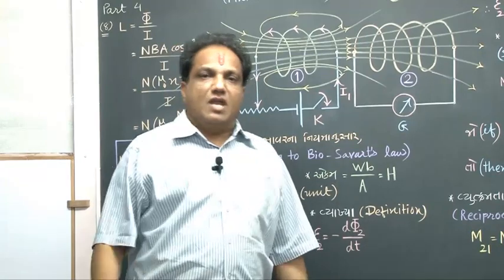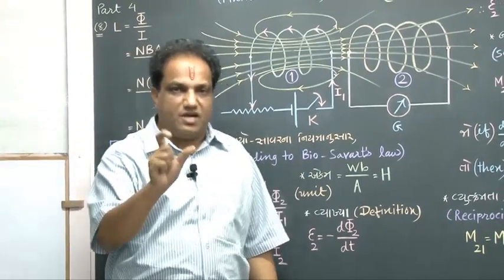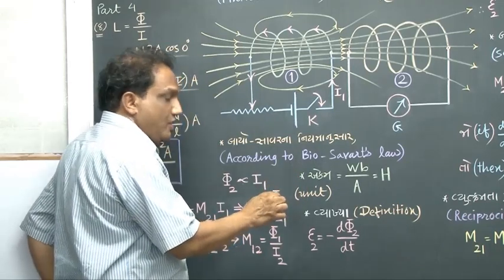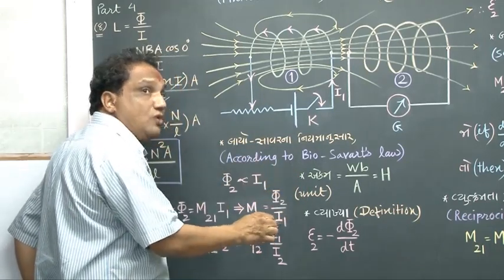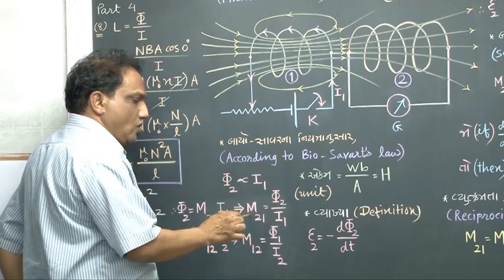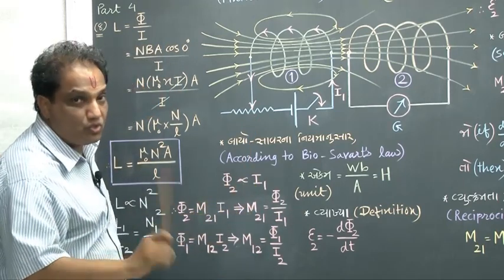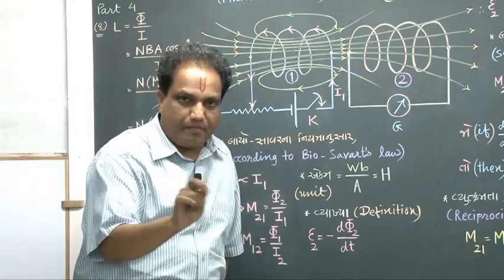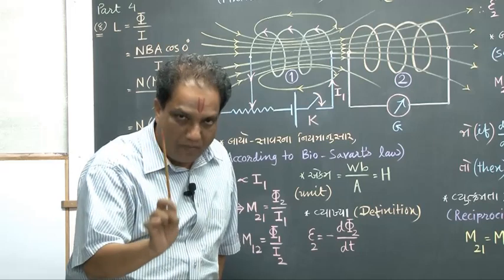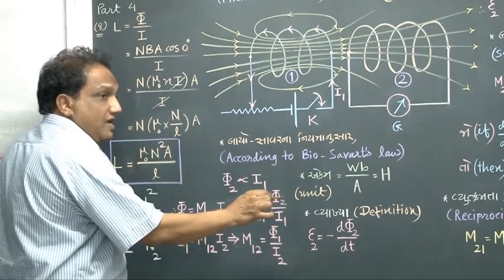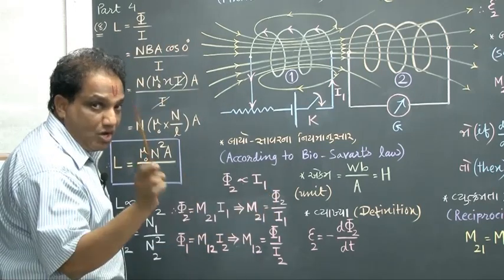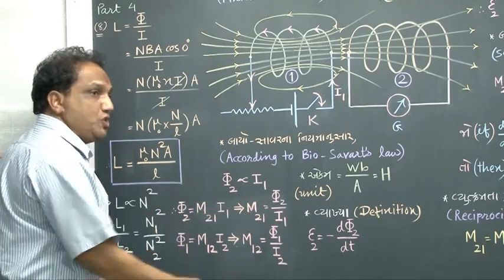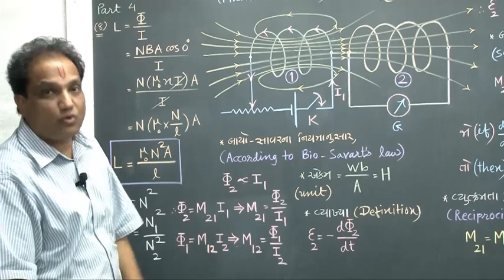I repeat, out of two coils which are placed very close to each other, the magnetic flux linked with either coil because of unit current passing through another coil is called mutual inductance of those two coils.